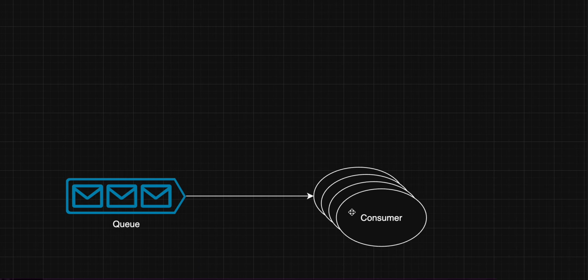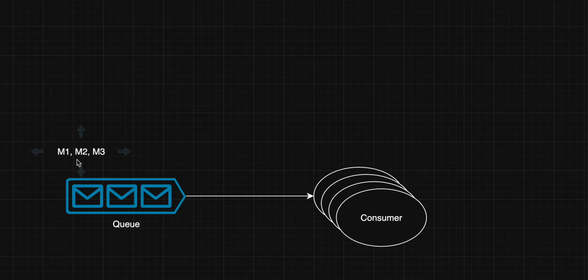So let's suppose there's a messaging queue where you are consuming through a consumer from that queue, and let's suppose there are n number of instances of that consumer. Let's suppose there are three messages, M1, M2, M3.